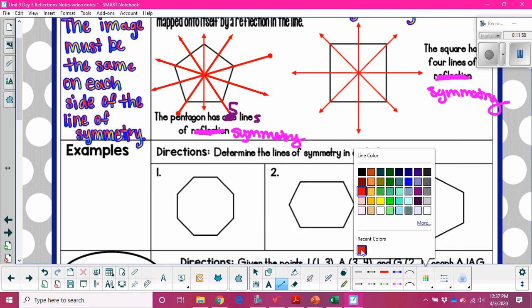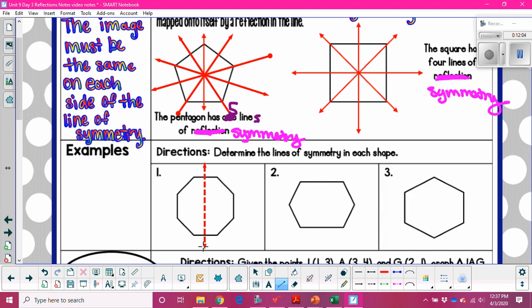First of all, I'm going to draw one here where it just cuts it in half. It wasn't exactly in the middle, but you get my point. So this side over here is the same as this side over here. The next one also cuts it in half. The side up here is the same as that side right there. I can cut them in half in the middle of each side so that this half will be the same as that half. Same thing here. This half will be the same as this half.